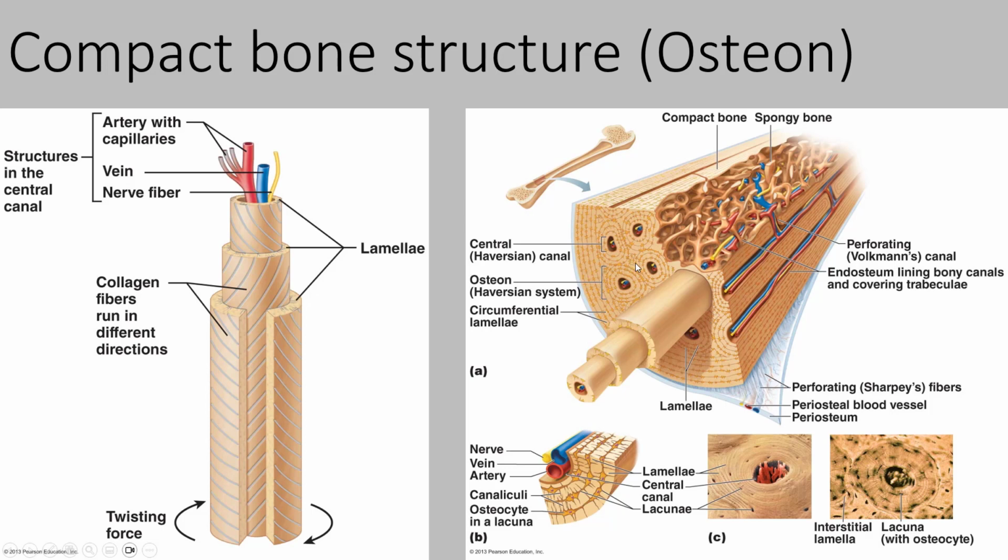Well, those spaces in between are not empty. We still have lamella there, but each lamella that we find there does not belong to a specific osteon. For example, this one that's indicated by these brackets here. All of these rings around it belong to that osteon. All of these rings here belong to this osteon, and all of these rings here belong to this osteon.